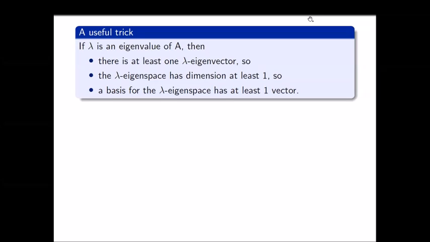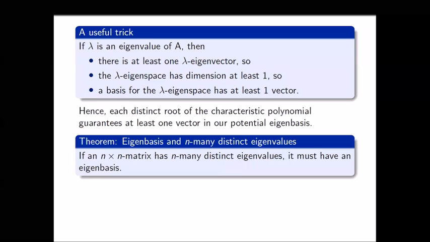Now, here's a useful trick. If lambda is an eigenvalue of A, then that means that there is at least one lambda eigenvector. So the lambda eigenspace has dimension at least 1, and therefore a basis for the lambda eigenspace has at least one vector.